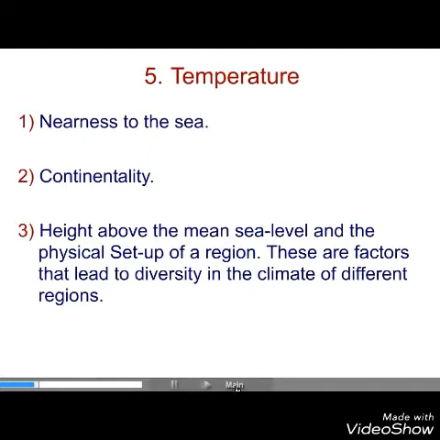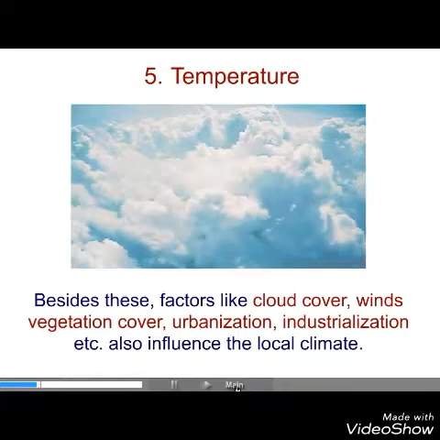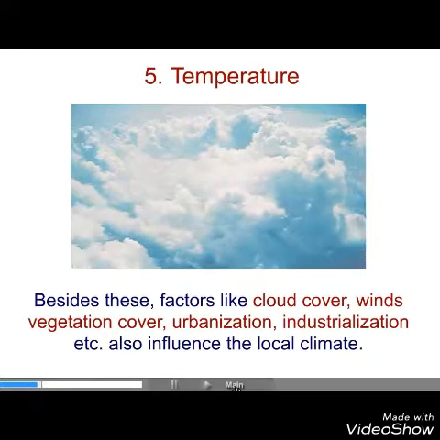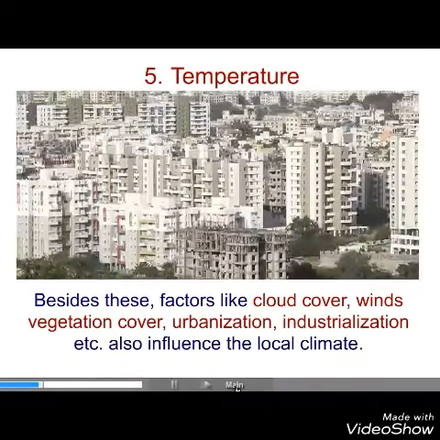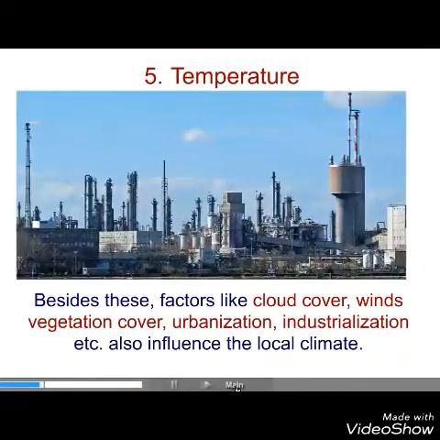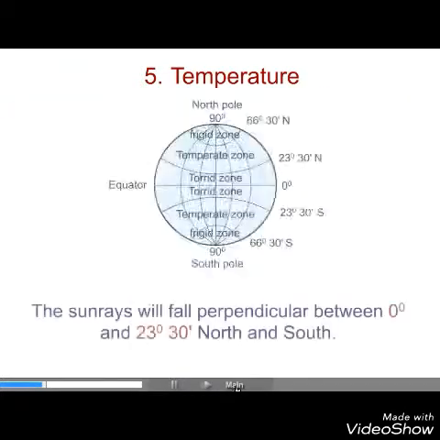These are the factors that lead to diversity in the climate of different regions. Besides these, factors like cloud cover, winds, vegetation cover, urbanization, industrialization, etc. also influence the local climate.